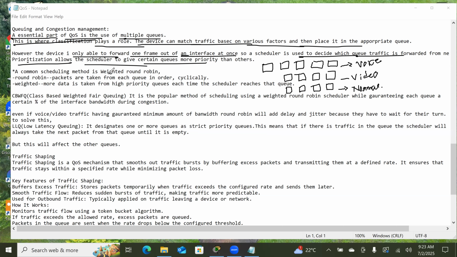To do this, we have some scheduling methods. What are those? The first one is weighted round robin. I hope you have heard about the round robin method. What do you mean by round robin?